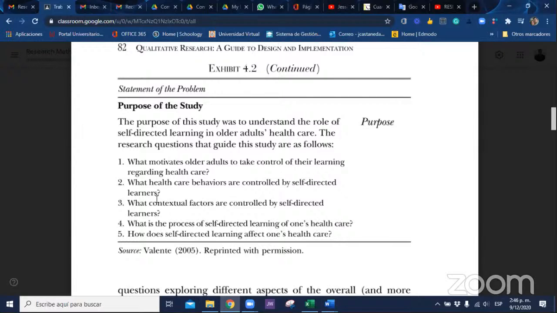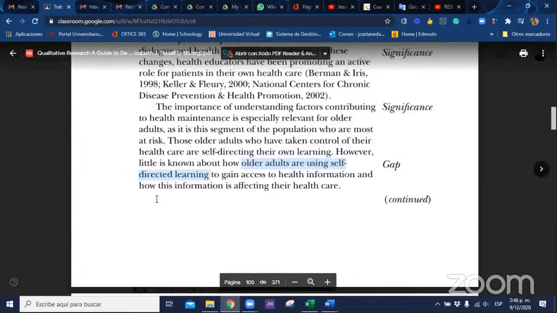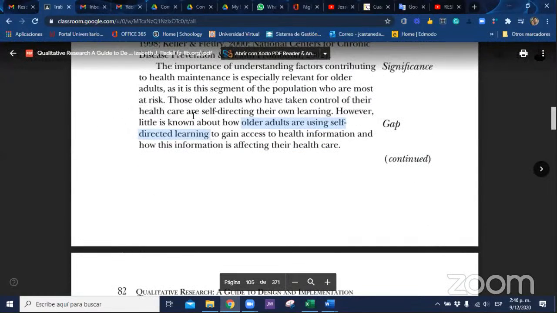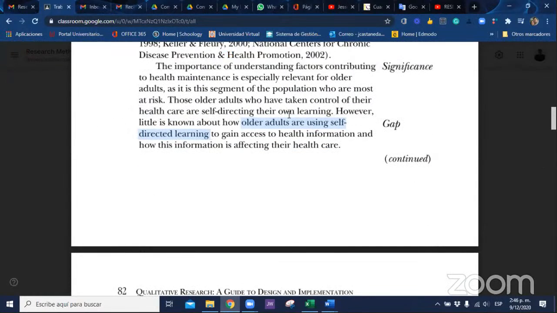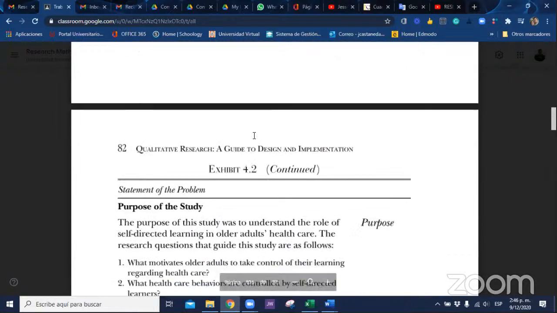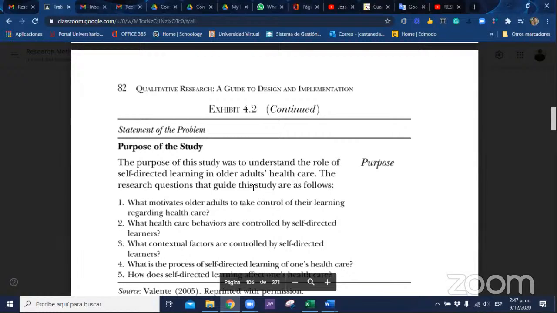You see? Understand the role of self-directed learning, a phenomenon that the researchers could see was appearing and that there is not much information about. So what is happening with this? I want to understand that.